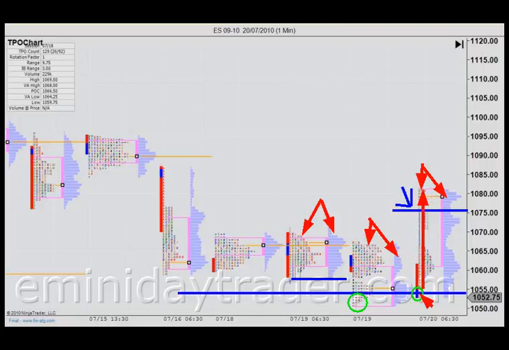So we're looking for a bit of a pullback before it continues higher. We're looking around 86 as the next target on the upside, and on support on the downside, we really think that the support should hold around 72, right around here. So this is really the estimated range, at least initially tomorrow.